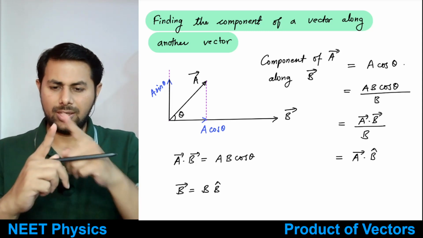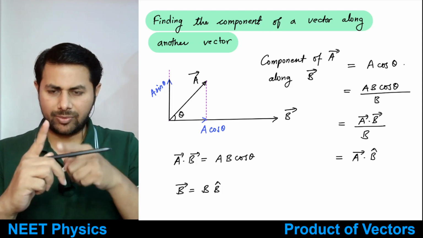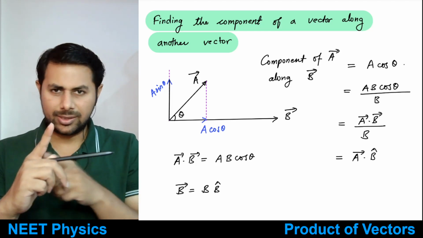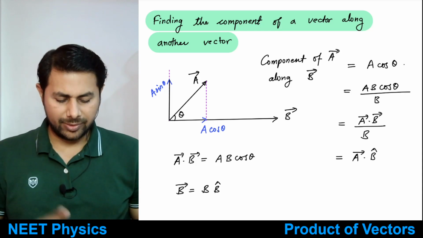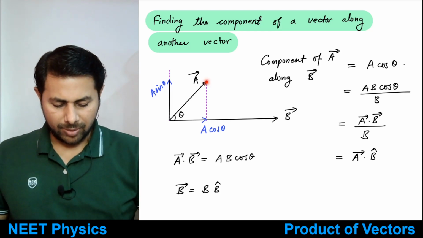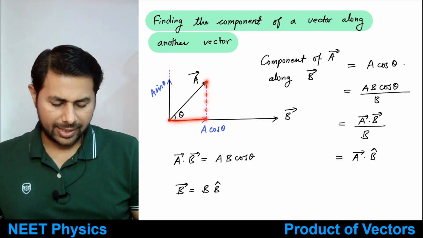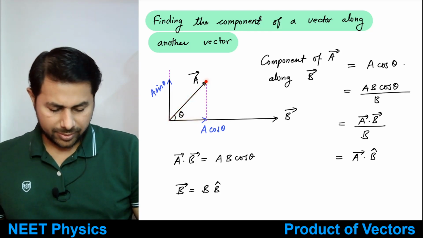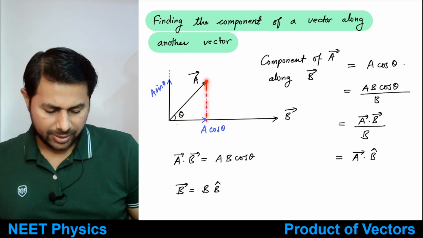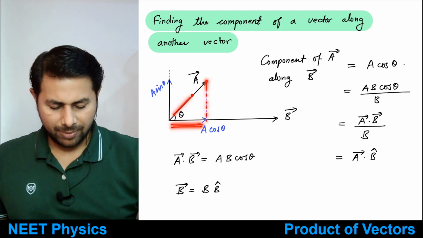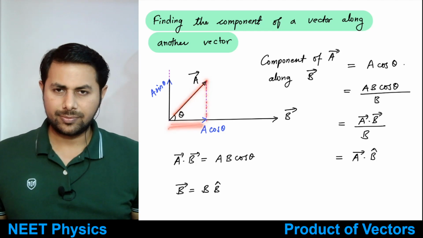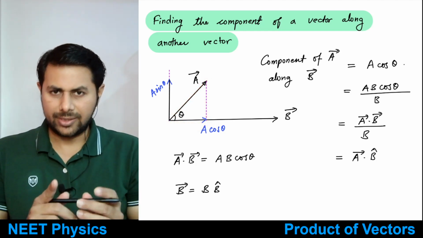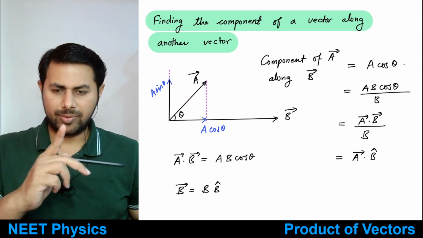If I draw a perpendicular from the tip of this vector onto this vector, I will get the component. So this much is the component of a bar along b bar. There is no loss of generality when I take b bar along x-axis.